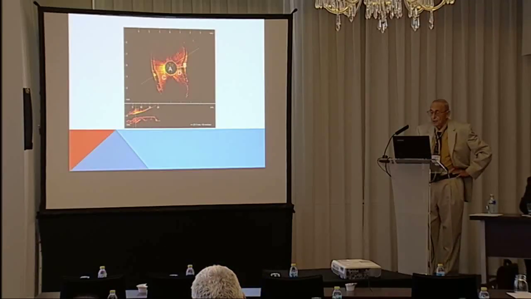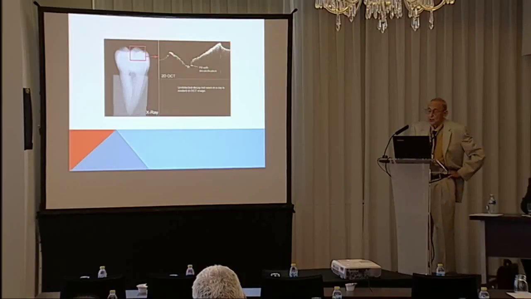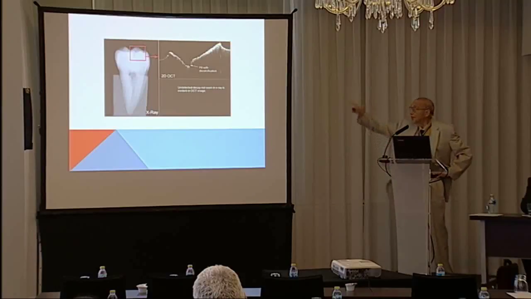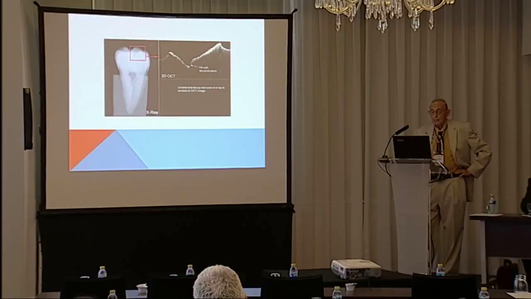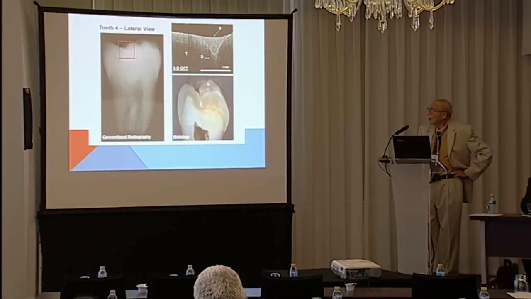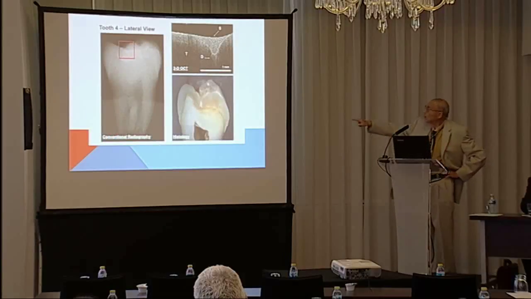Same type of image. This is the 2D. You've got your pit with decalcification. You've got undetected decay. It's not seen by the X-ray, because you've got your X-ray on your left and your OCT on the right. This is a lateral view of this. You can see the histology. You can see the OCT.